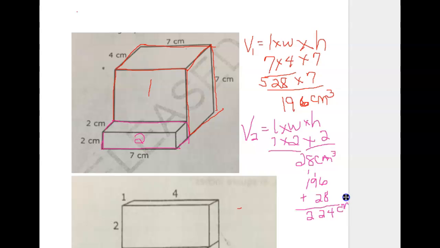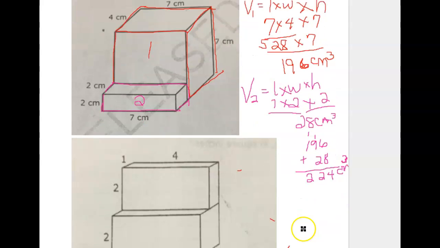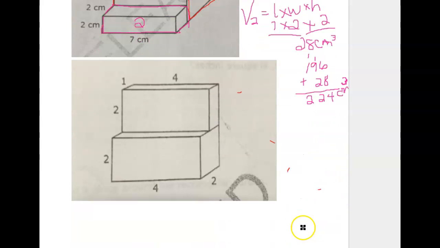This space is not enough, okay? So 224 cubic centimeters. Now let's move on to the next prism, which is also complete.